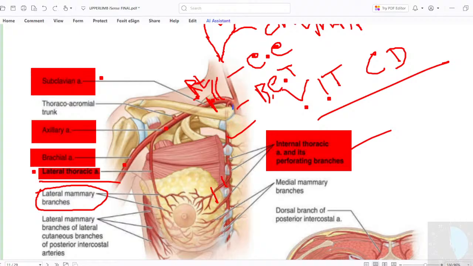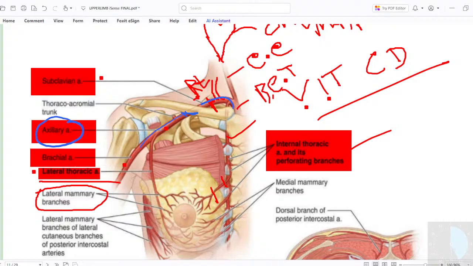And the right subclavian, when it crosses the inferior margin of the clavicle, its name changes and it becomes the axillary artery. The axillary artery comes down, down, down, then I think pectoralis major, minor?